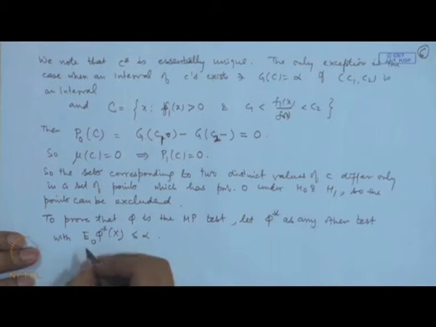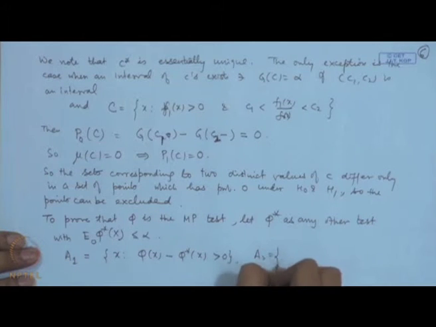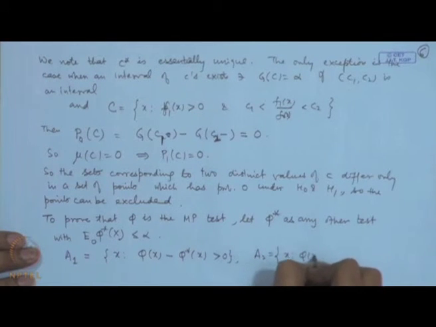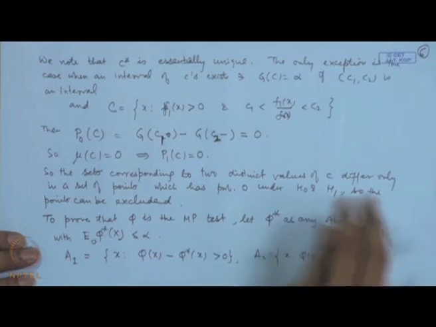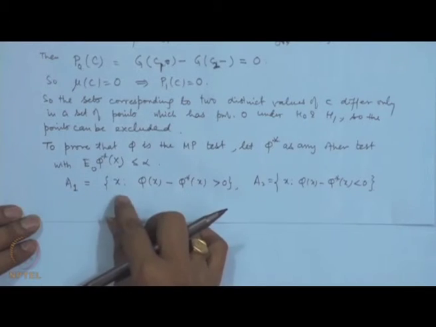Now, let us consider the two sets, say A1 as the set of all those points such that phi minus phi star is positive, and say A2 is the set such that phi x minus phi star is less than 0. Now, note the way the sets are defined here.